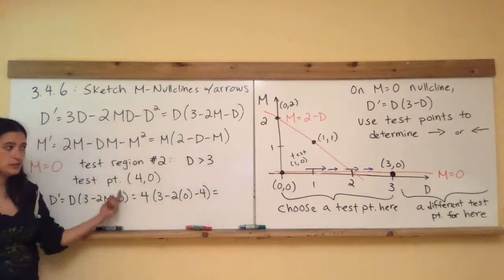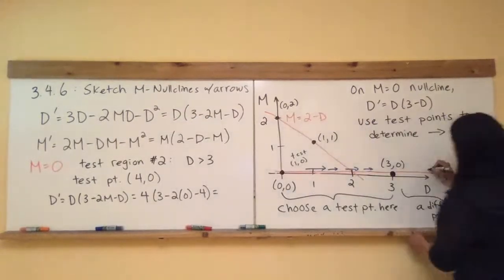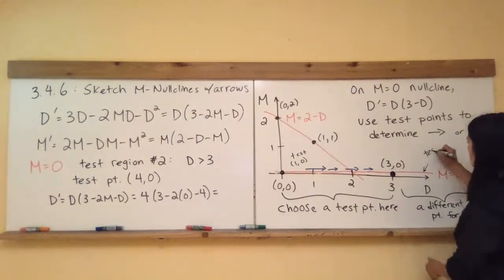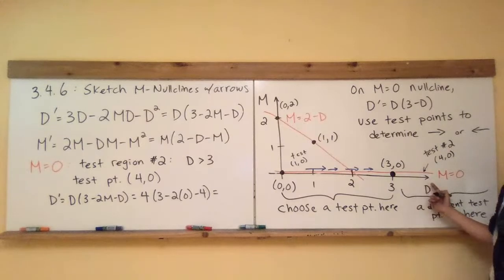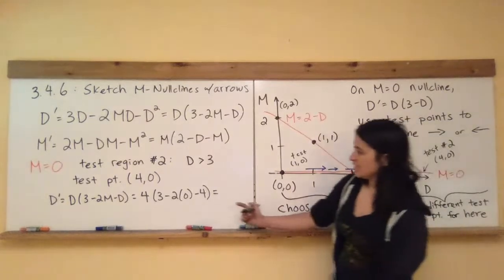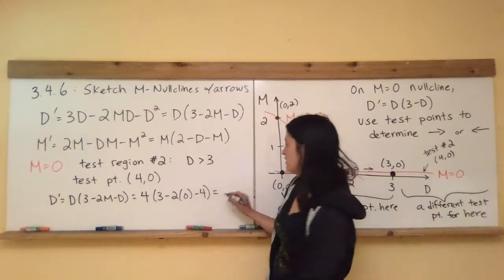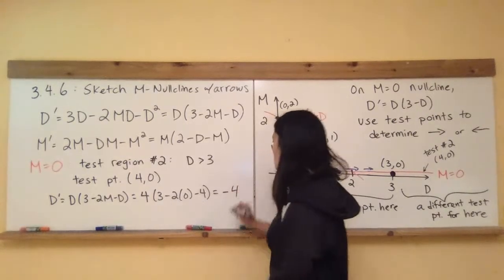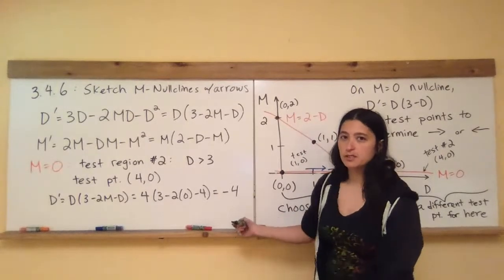So if I use the test point 4 comma 0, which is all the way over here, on the other side of the equilibrium point, I got a value that's 4 times (3 minus 4), which is 4 times minus 1, so minus 4. Minus 4 is a negative number, and that means it's pointing to the left.